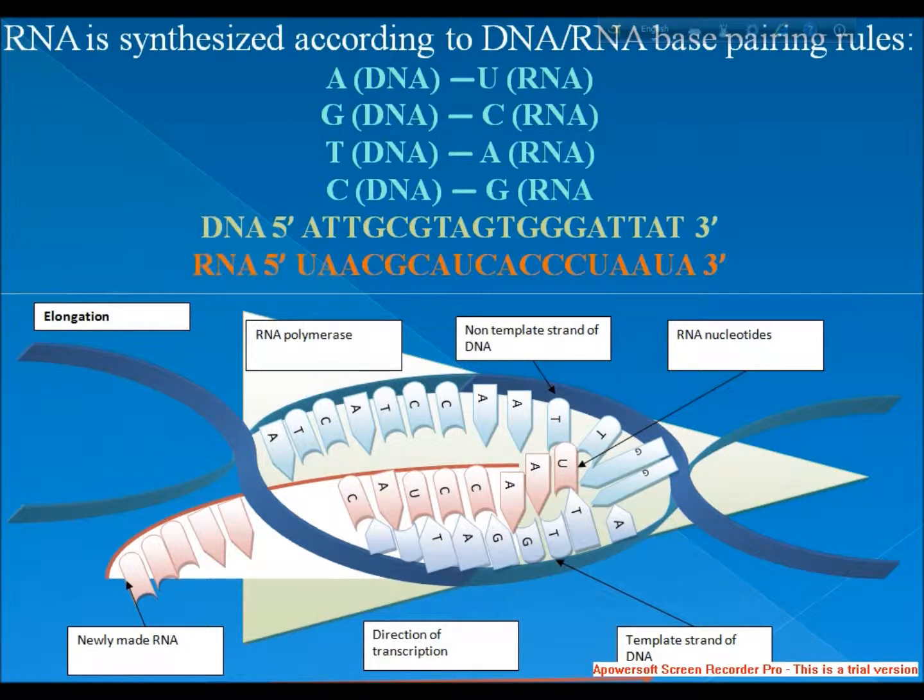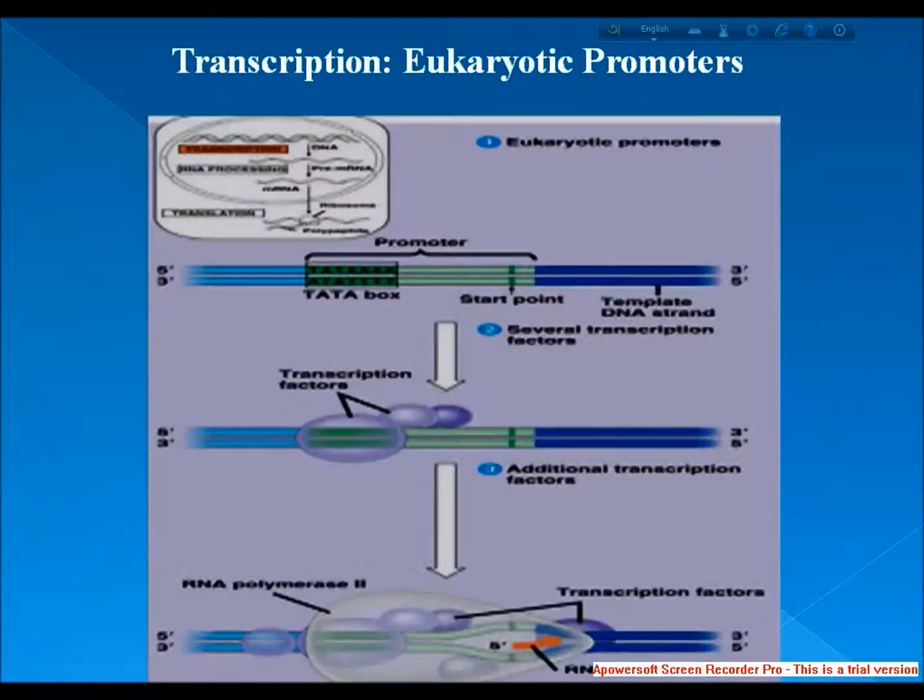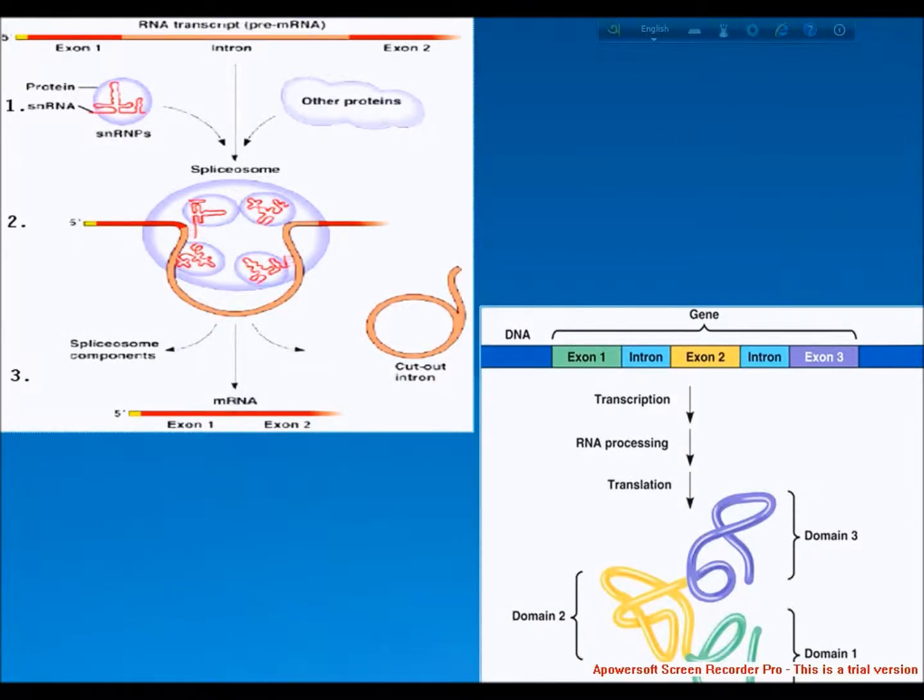Eukaryotic transcripts, pre-mRNA, contain exons, coding sequences, and introns, non-coding sequences. Post-transcriptional modification, that is splicing, removes introns before shipping the final mRNA to the cytoplasm.